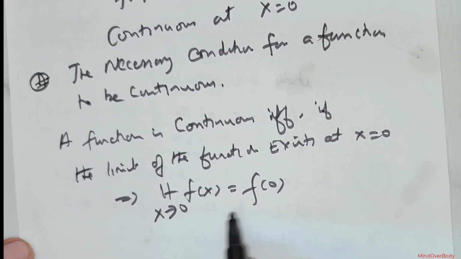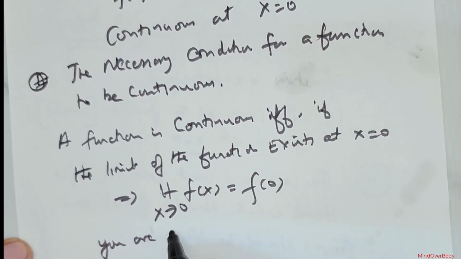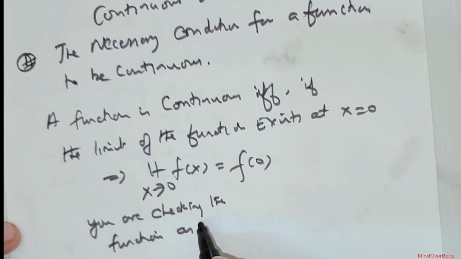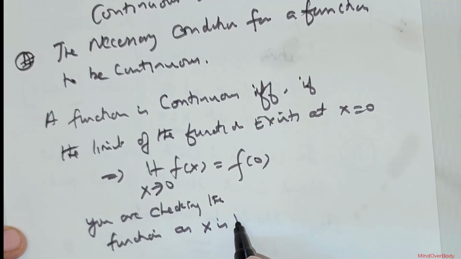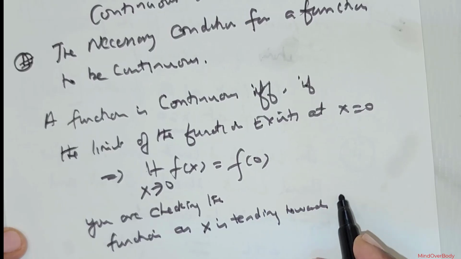Now you have to understand the difference between the left side and the right side. Here you are checking the function as x is tending towards 0.